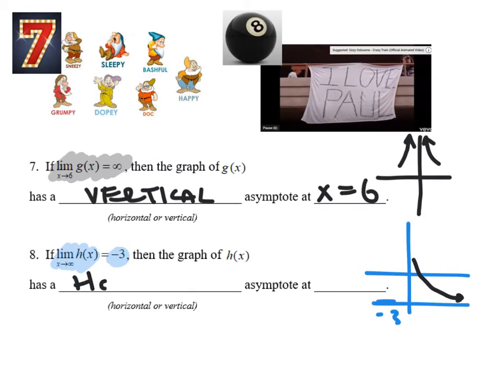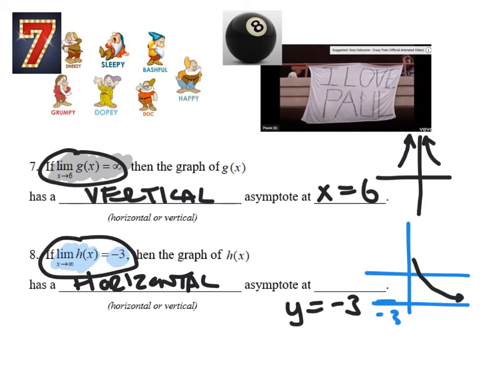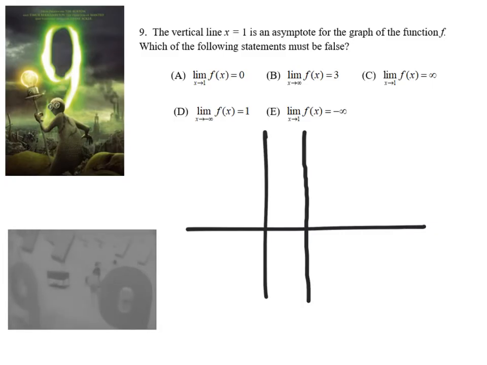So this is a horizontal situation, and its asymptote is y equals -3. Notice the key notation: horizontal ones head out to negative or positive infinity. That's a big clue.